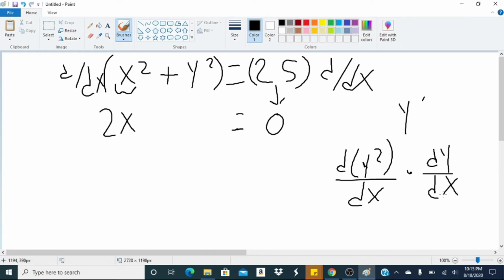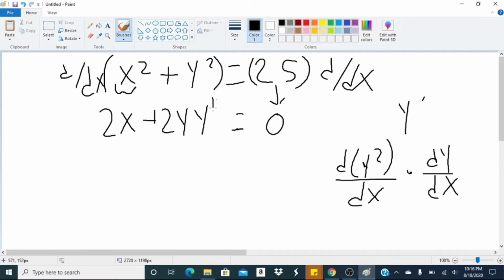You can refer to it as y prime or dy dx. We're just going to refer to it as y prime as it's easier to write. Okay, so the derivative of y squared through the power rule is 2y, multiplied by y prime.